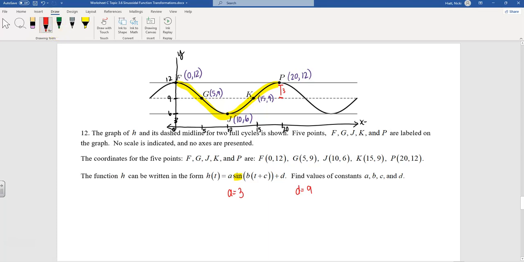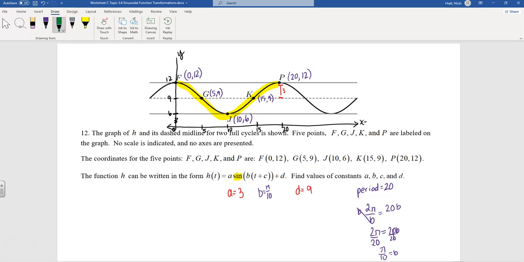The period of this graph is 20, but that's not our B value. 2 pi over B equals 20. That just means we multiply by B: 2 pi equals 20B, divided by 20. That reduces to pi over 10, so my B value is pi over 10.